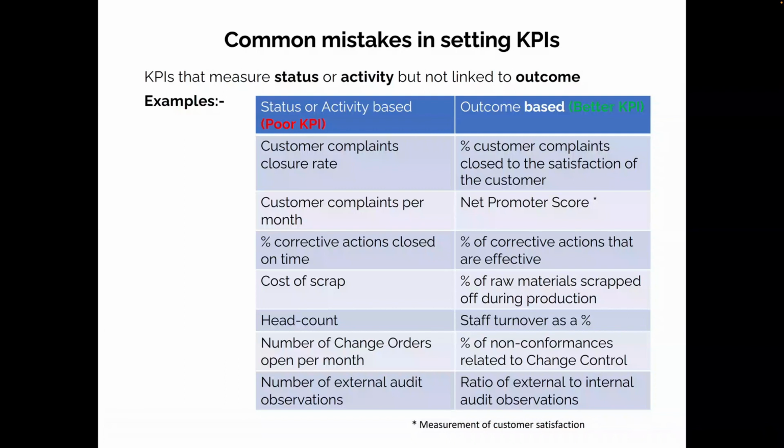In the first one, you've got the customer closure rate. Very often, organizations measure the time it takes to close a customer complaint. Really, the customer doesn't care so much about that. They care about whether their complaint was actually closed to their satisfaction. So a better KPI would be the percentage of customer complaints closed to the satisfaction of the customer.